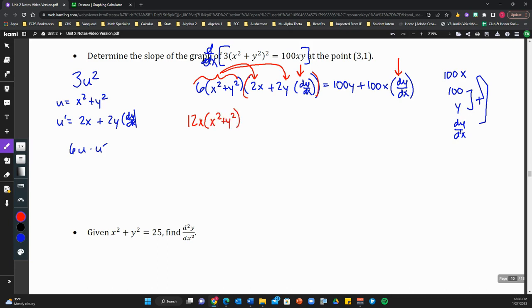So that was the first distributive property, or first step, that is. Now I'm going to do the same thing to the second term. Again, the loose parts, I'm going to take 2y and 6, multiply those, and we get 12y, and then I still have this binomial, and then I still have my dy/dx.